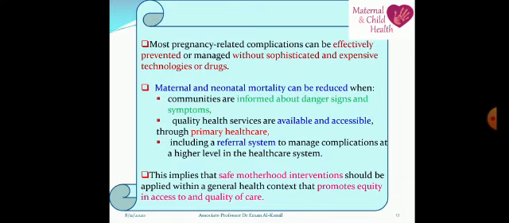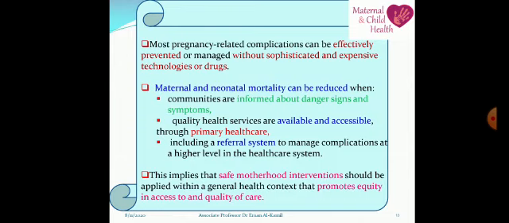Most pregnancy-related complications can be effectively modified or prevented with simple measures rather than sophisticated or expensive technology. By simple maneuvers, it can manage many complications without sophisticated intervention.